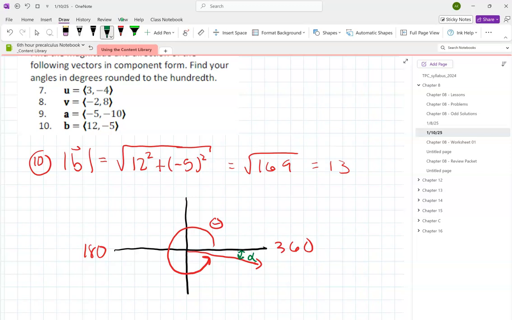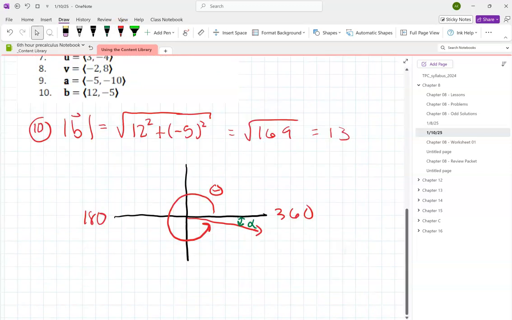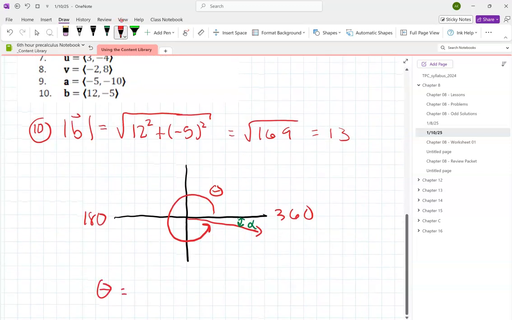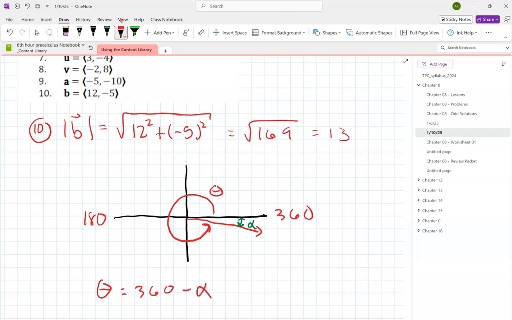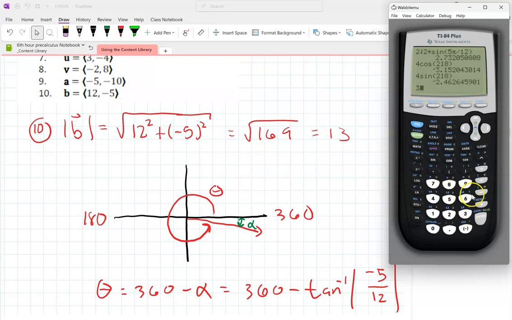So there's my alpha. So my theta should be 360 minus alpha, and alpha is always going to be tan inverse the absolute value of the y coordinate over the x coordinate.